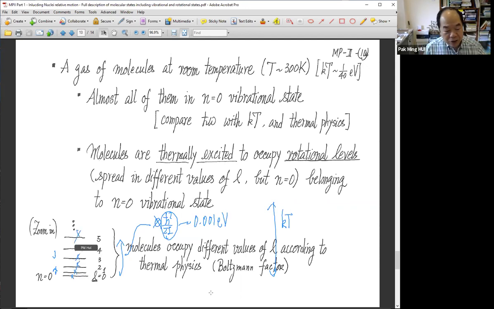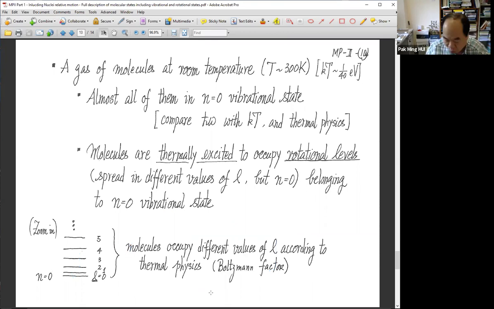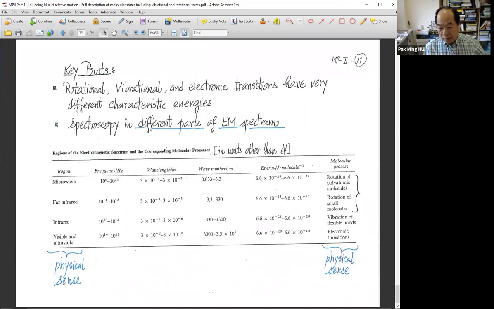All right, so you have some molecules low in energy, high in energy, distributed among these rotational states associated with the lowest vibrational state. That is usually the case. So the last page is just a summary of what we discussed, but also tells you the ballpark range.